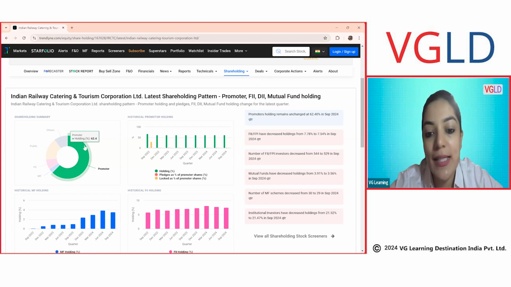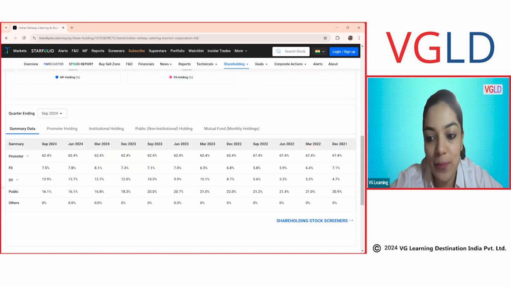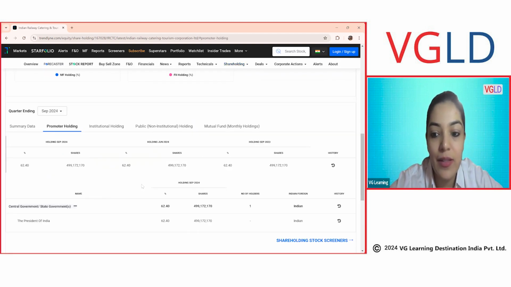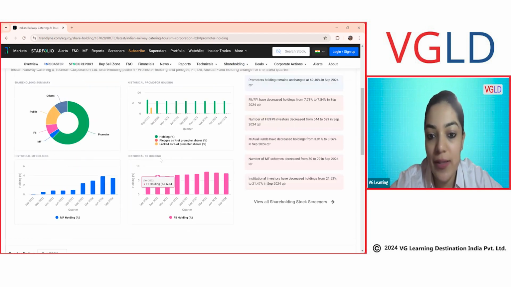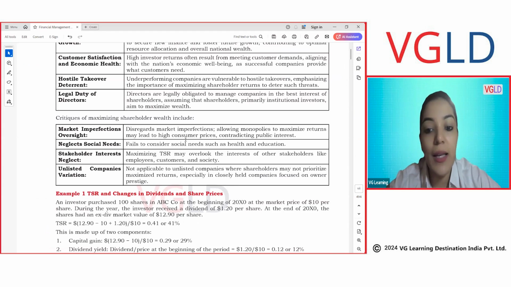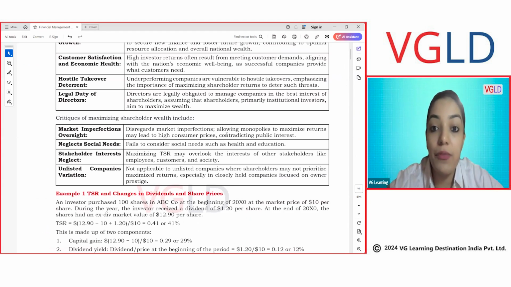So Indian government has definitely gained from its investment in IRCTC. It is holding 62% of IRCTC, and definitely it has grown the wealth of government. But in this way, it is also able to charge high prices. And of course, we keep hearing about complaints against the railway services.